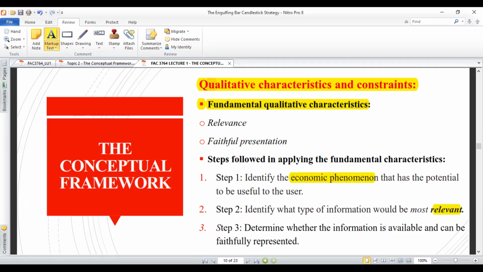Otherwise, if the company has no employees and we have got salaries and wages portrayed in the SPLOCI, then that would be a violation of faithful presentation. And in other words, it might also mean that it will be irrelevant for financial reporting purposes. Why? Because how can you report something that does not exist?